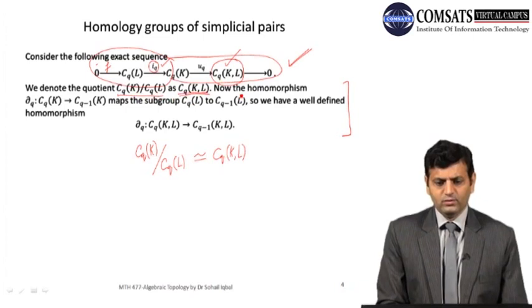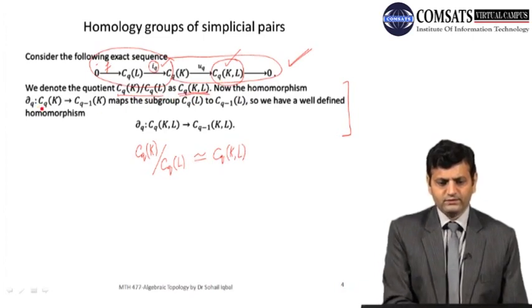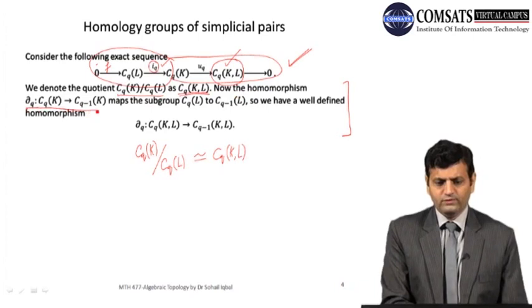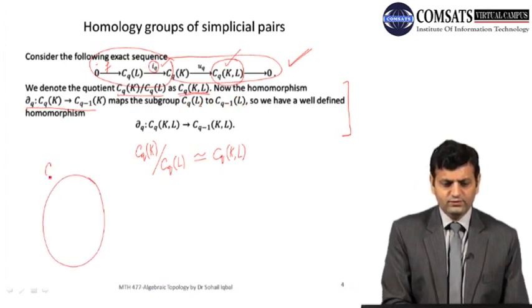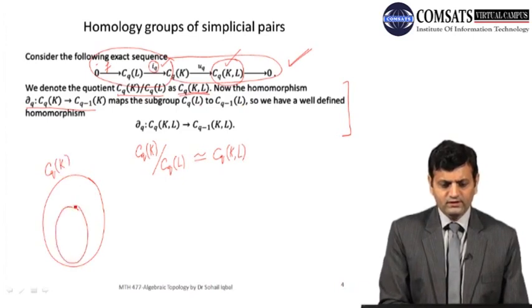Now the homomorphism. We know that these are the boundary homomorphisms. So these map the subgroup CQL to CQ minus 1 L. Let's say this is CQK, and inside CQK we have CQL.